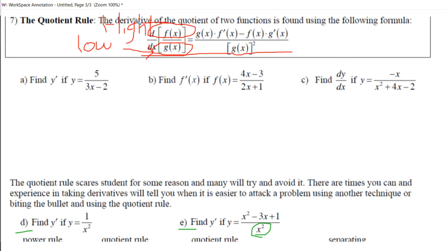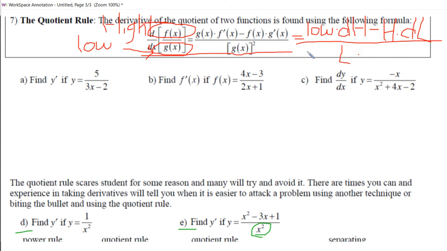So this entire formula is saying this: low times D high, which is the derivative of high, minus high times D low, over low times low.